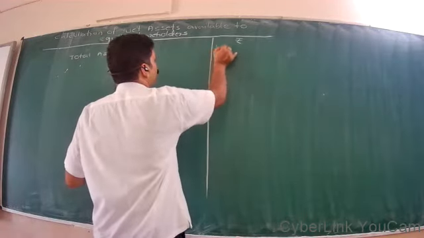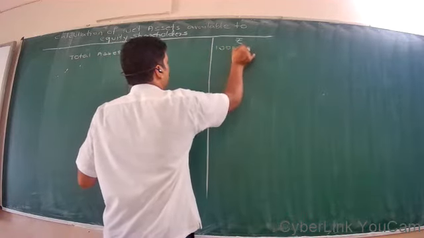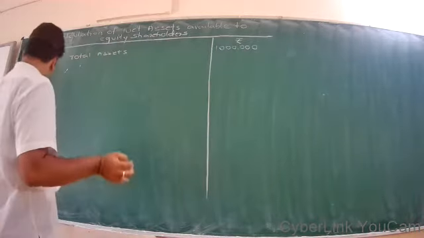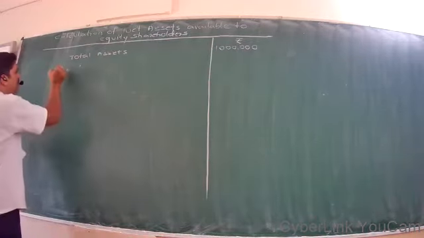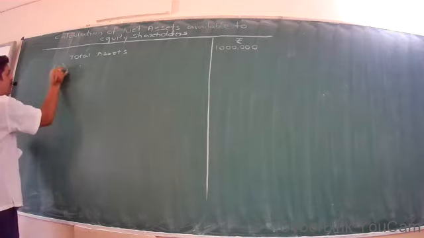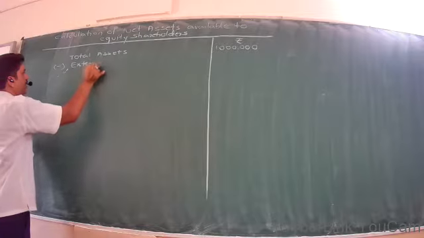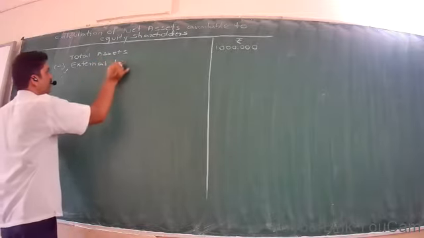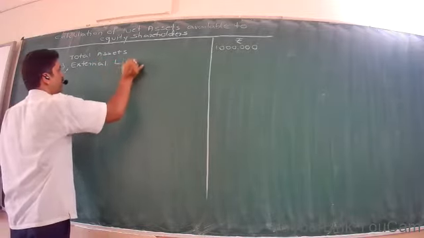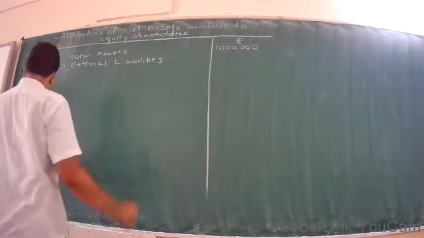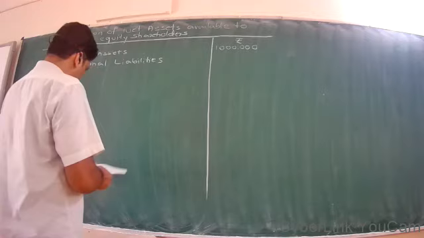The amount is 10 lakh, and from this you need to deduct external liabilities.